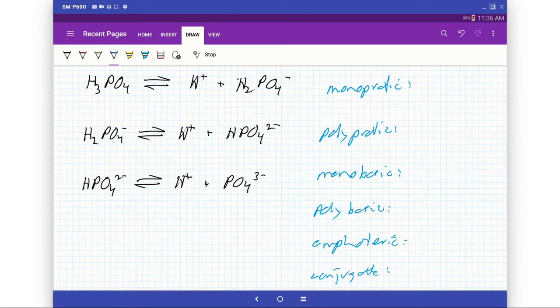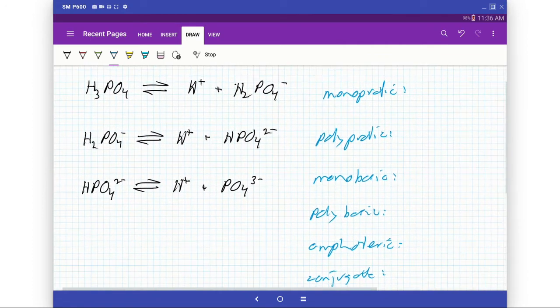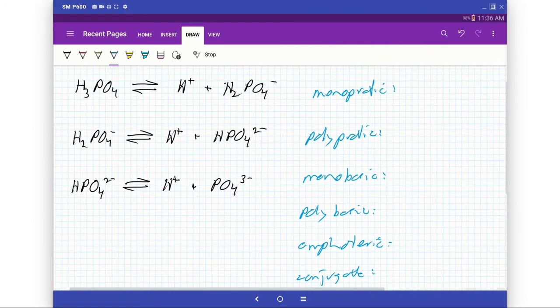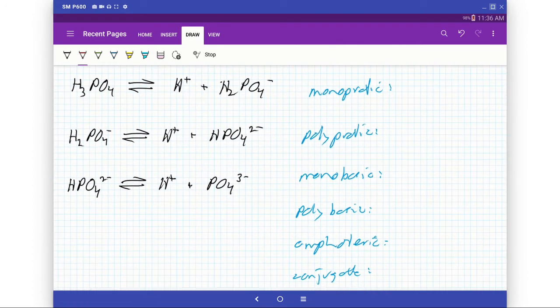So that's the answers I want. And I was kind of hoping that you could, in the chat, just type in monoprotic blank, polyprotic blank, and just list the one or more entities that are monoprotic, polyprotic, monobasic, polybasic, etc.